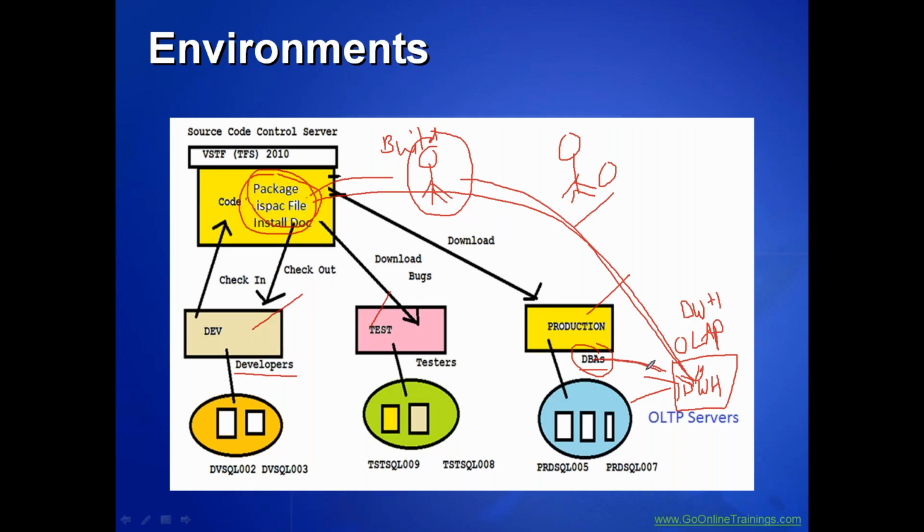So the developer is not going to install, the tester is not going to install, and developers and testers don't have a clue where the real-time servers are available. Remember this. Your code, you give it to VSTF, you're done, and the testing is done. So development people don't have any clue where my code is going to be deployed. And when my code is going to be deployed, the developer cannot decide; the client is going to decide.